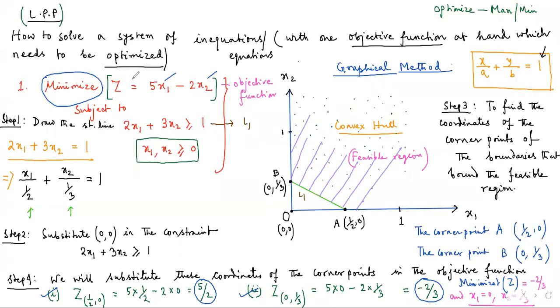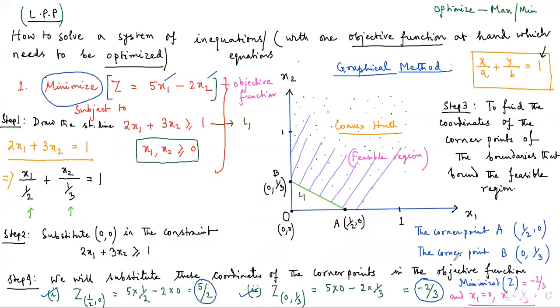Now, in the next problem, I could have selected another problem from the book, but I'm concentrating on the same problem that I've done over here. And let's see what happens. In this particular problem, the objective function z is 5x1 minus 2x2.